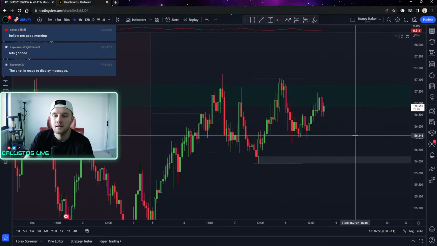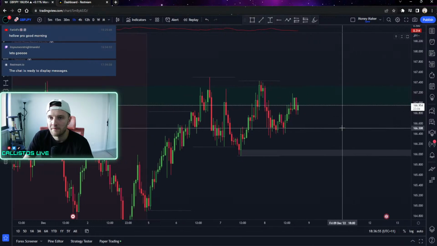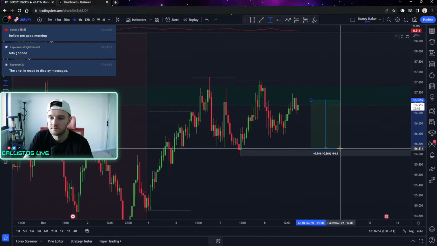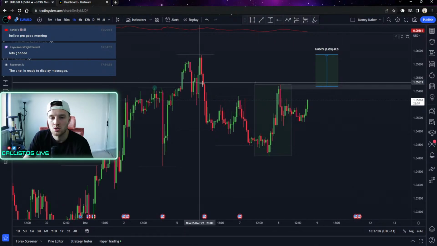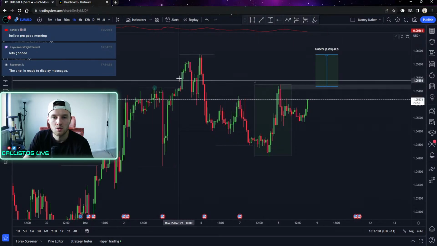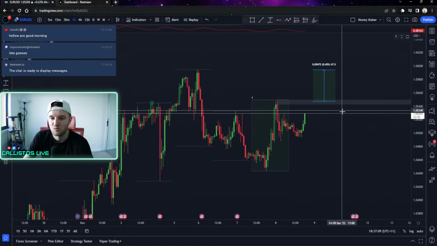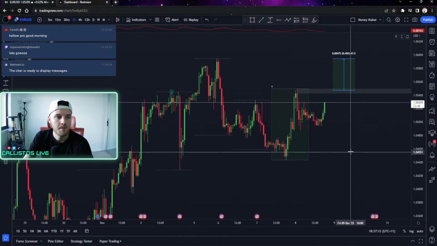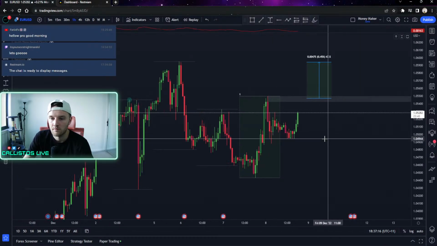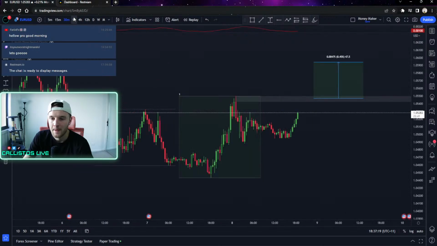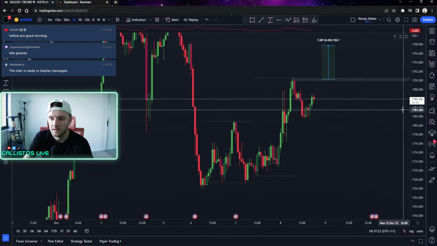GJ is in a little bit of a range. Yeah, Euro USD is making its move.